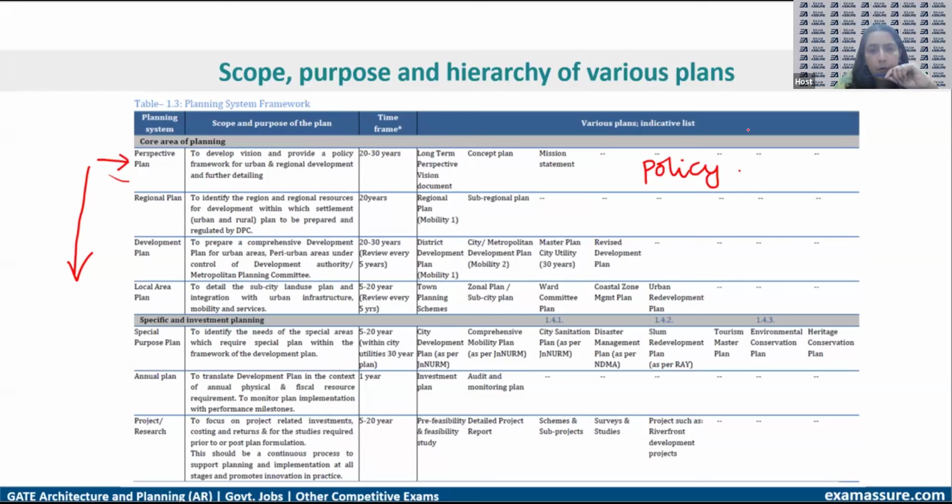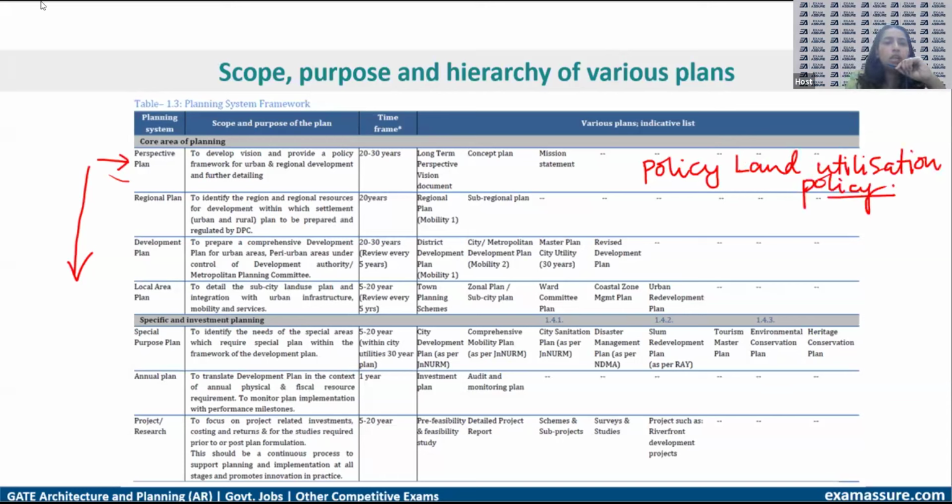It depends. A perspective plan is a long-term plan, 20, 30 years. For example, if there is a land utilization policy, this can be considered a part of my perspective plan.